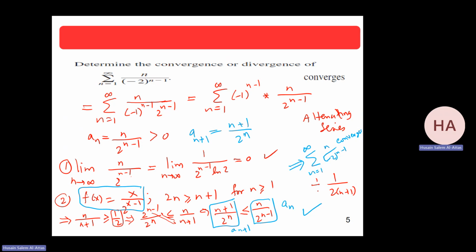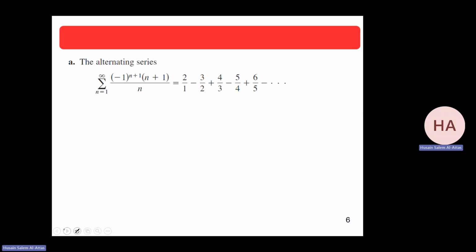Now let me move to the next one. So this is my series. This is an alternating series. What is a_n? a_n is n plus 1 over n.